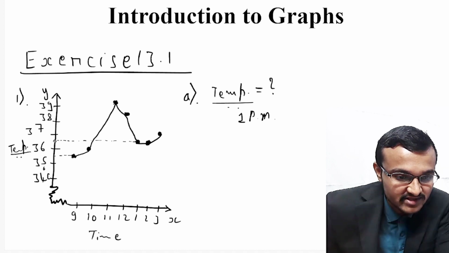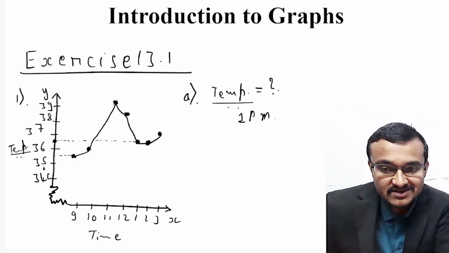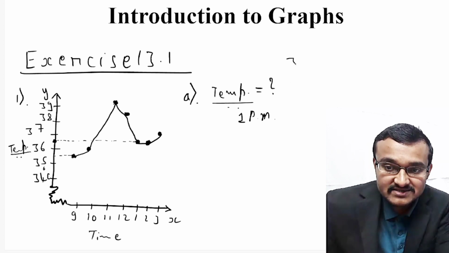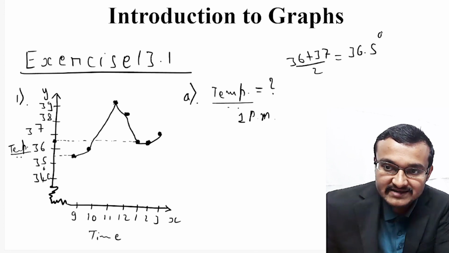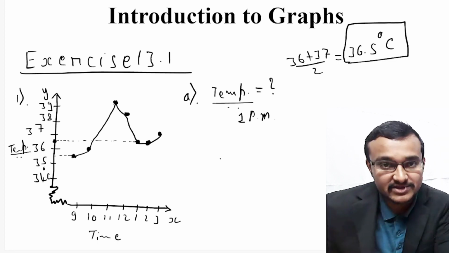That will be in between 36 and 37. In between 36 and 37 means the answer will be 36 plus 37 divided by 2. That will be 36.5 degrees Celsius. So 36.5 degrees Celsius is the answer for the A question.